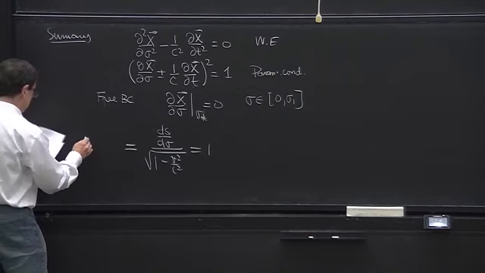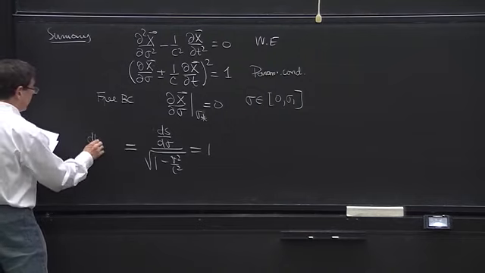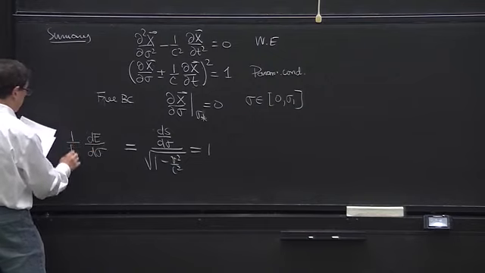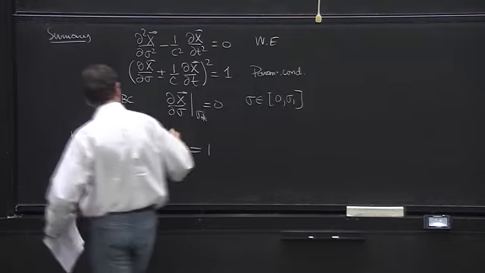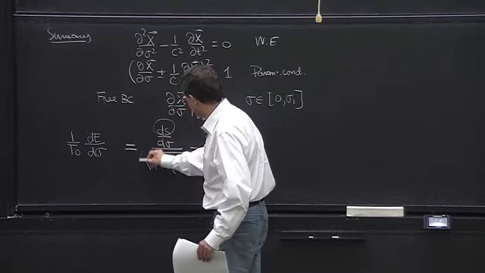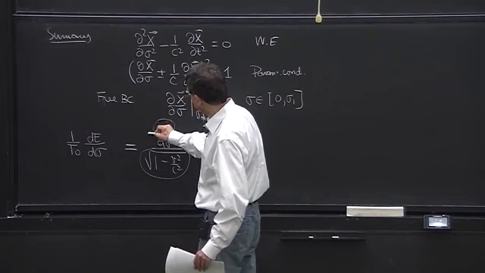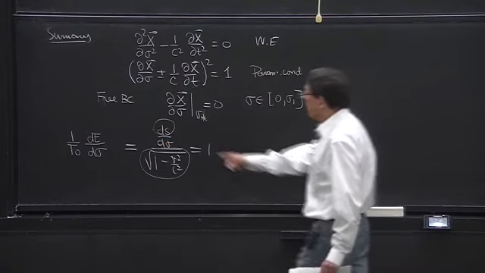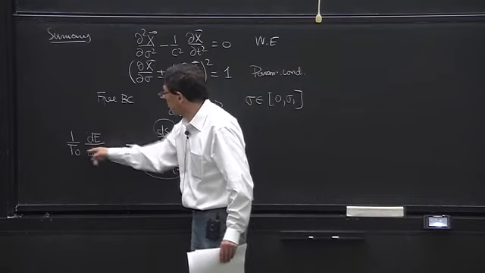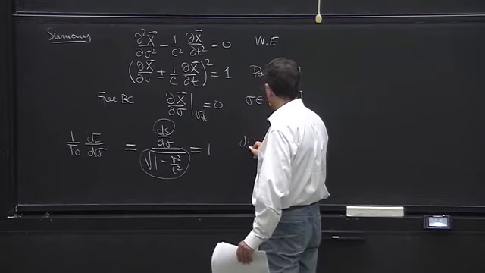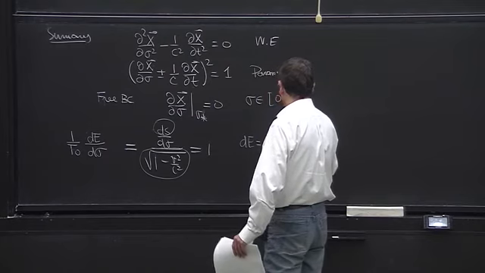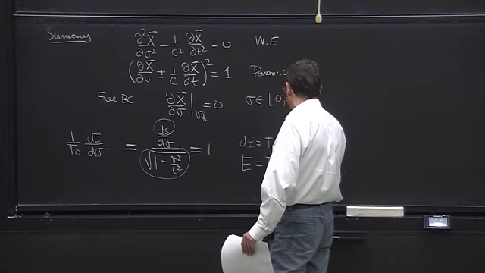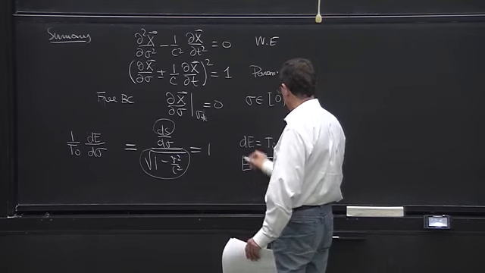You multiply by t0, you get the energy, d sigma, times 1 over t0, because the energy was this thing times this thing with a t0 and 1 over t0. So from this equation, the energy is equal to t0 d sigma. You have that the total energy is going to be t0 times sigma 1.